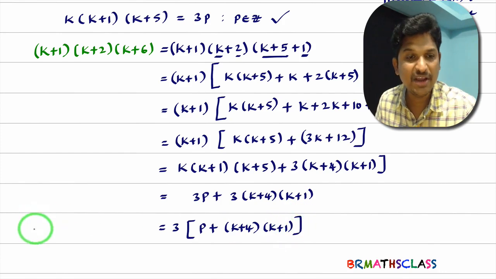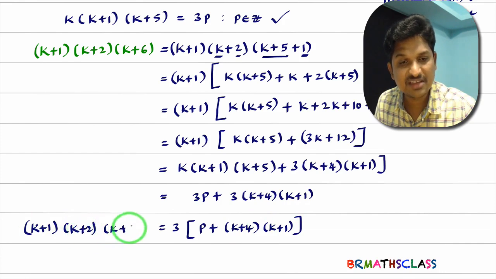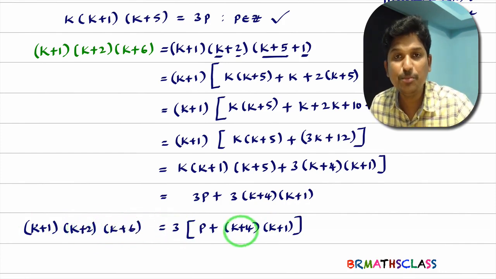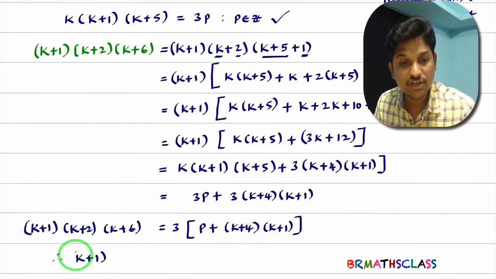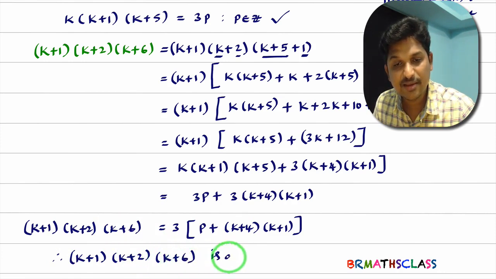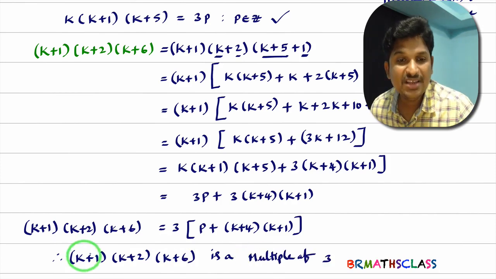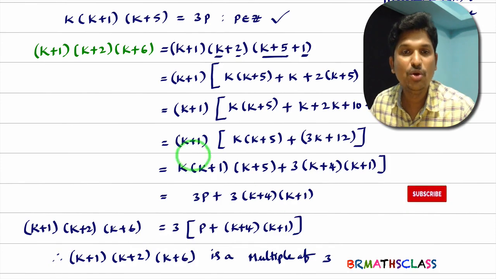So what happened finally? k plus 1 into k plus 2 into k plus 6, we got it as a multiple of 3. Therefore, k plus 1 into k plus 2 into k plus 6 is a multiple of 3. What is this statement? This is P of k plus 1. So, what did we prove?